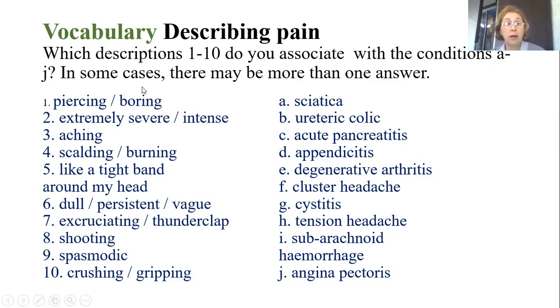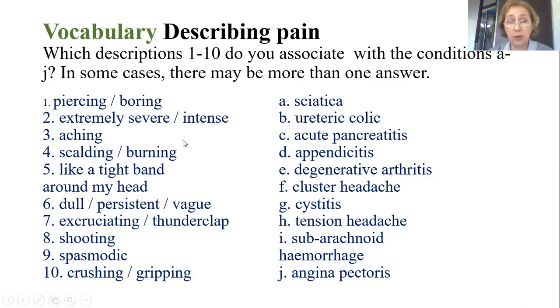Okay, so which descriptions do you associate with the conditions? So if we say piercing or boring, which condition can be described with the help of these adjectives? Any ideas? What can be piercing or boring?